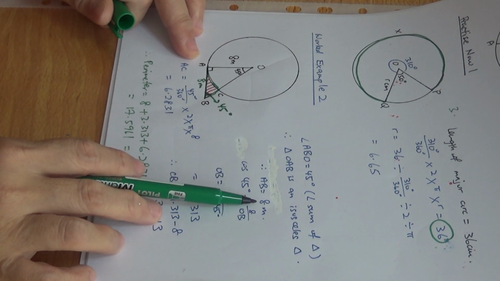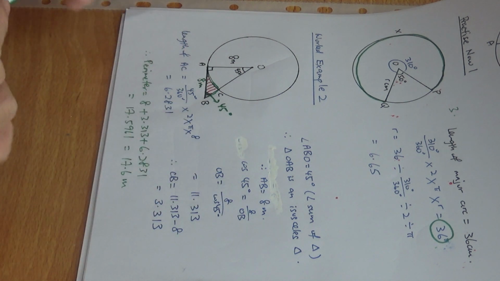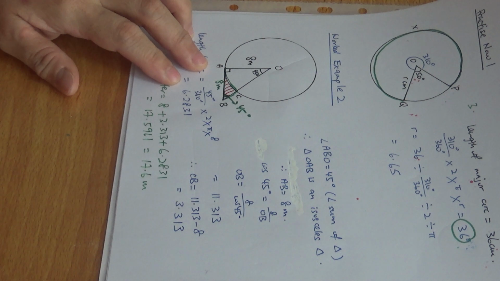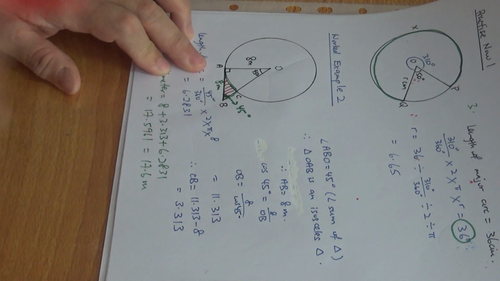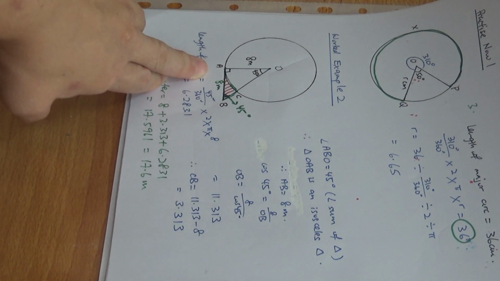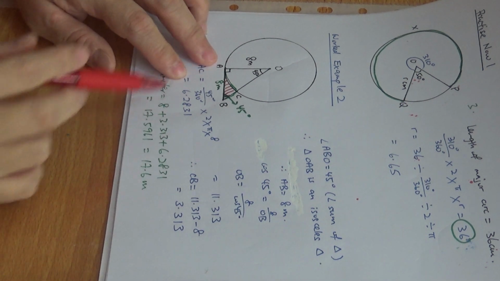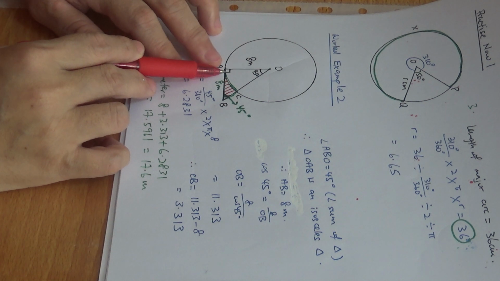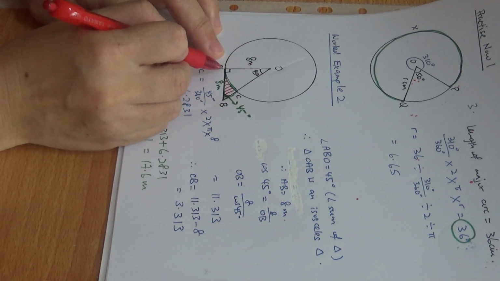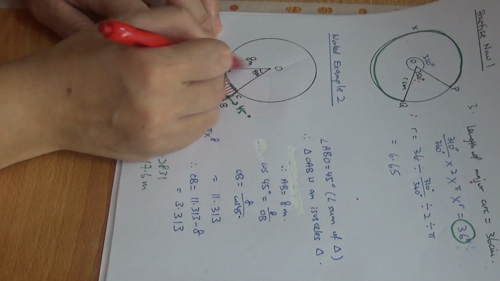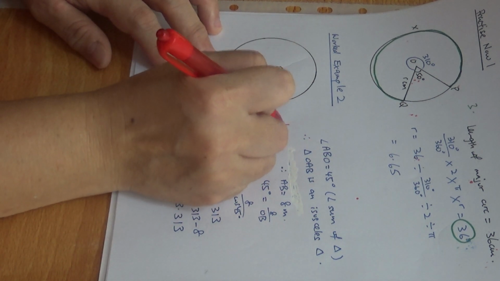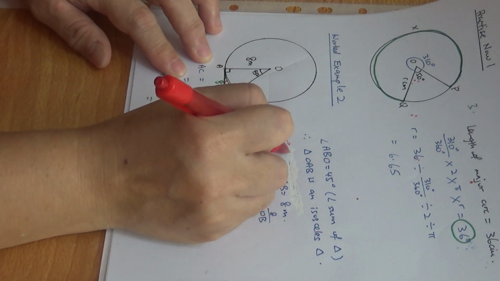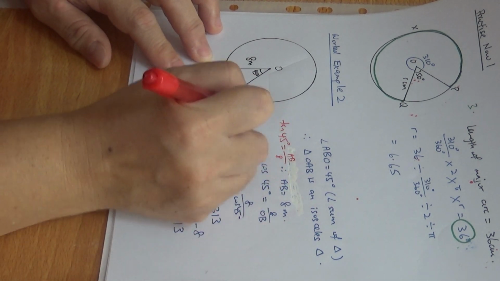Now, you will ask me, what if I cannot see that it's an isosceles triangle? How would I find out AB? Don't forget, for a right angled triangle, we can use SOH CAH TOA. So if you want to find out AB and you know OA, then tangent 45 degrees will be equal to AB over 8.